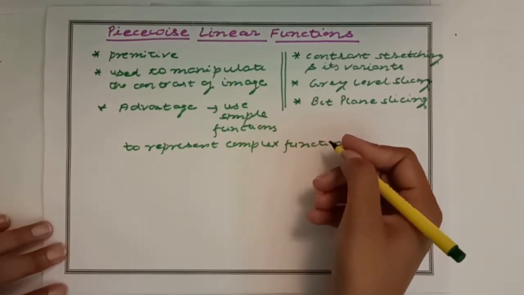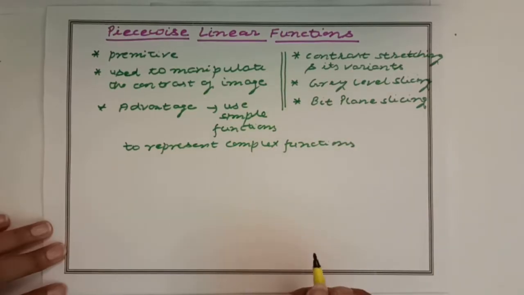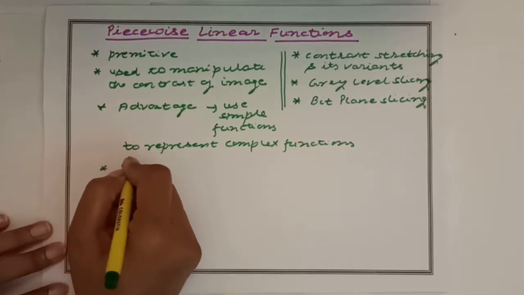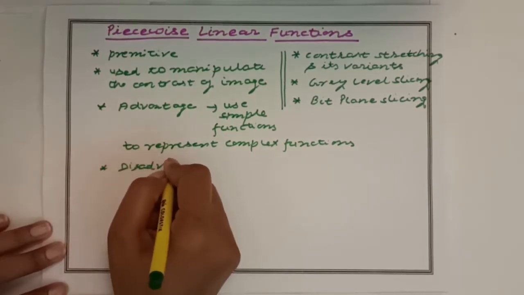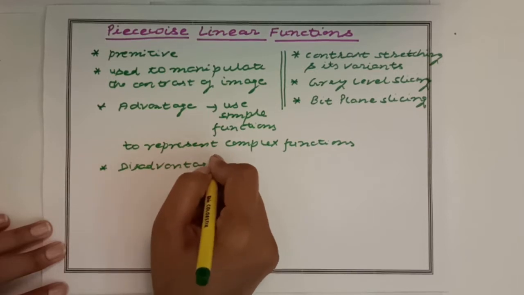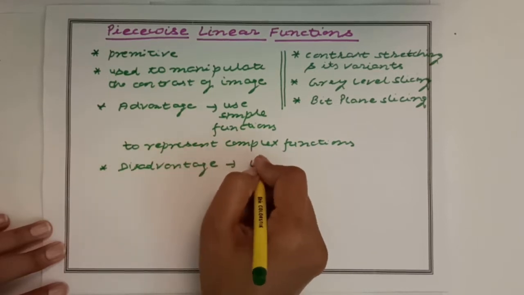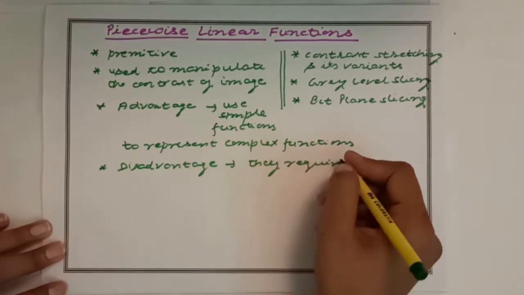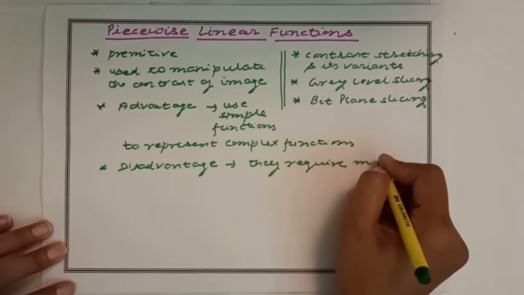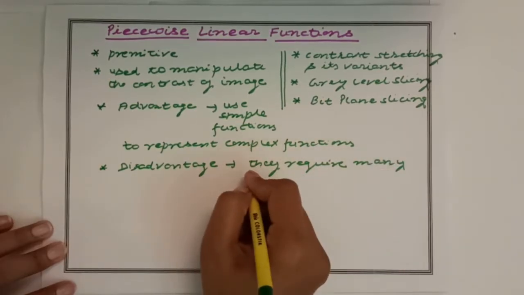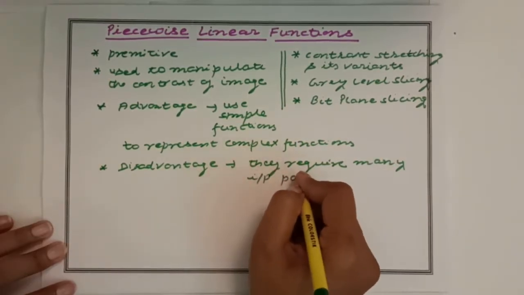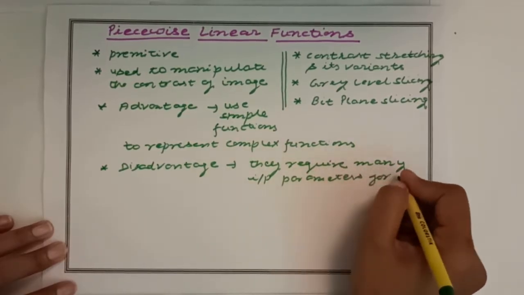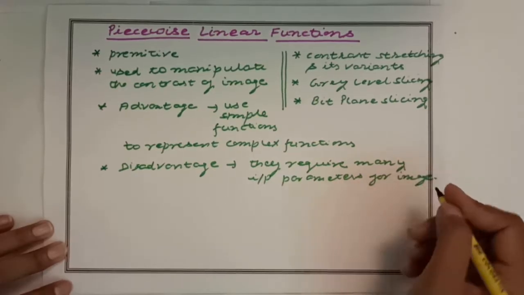Simple functions are being used, and accordingly intensity transformation can be done. And the disadvantage is they require many input parameters for image.